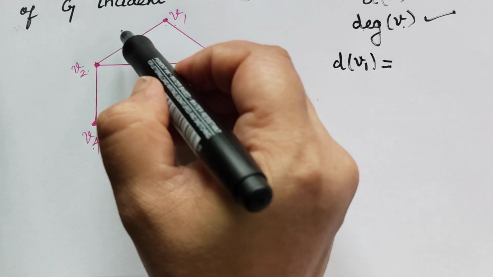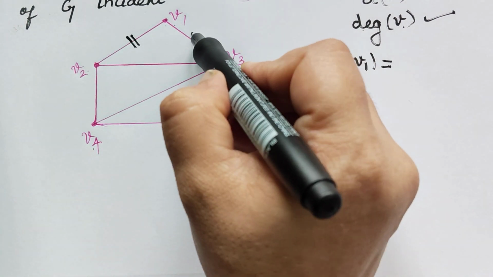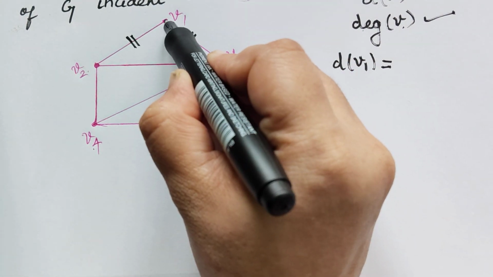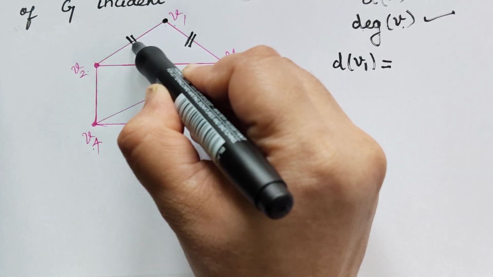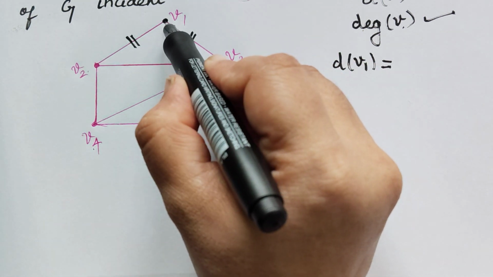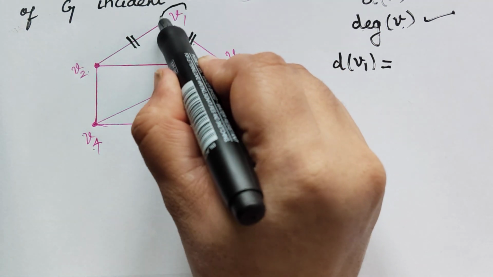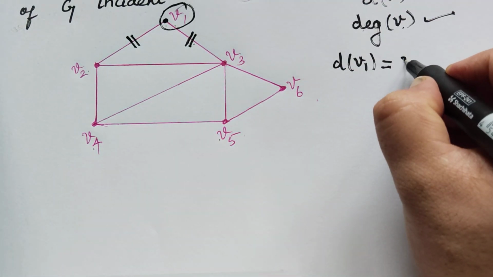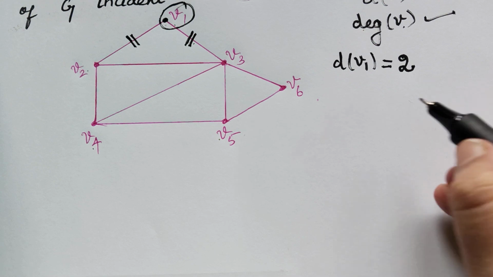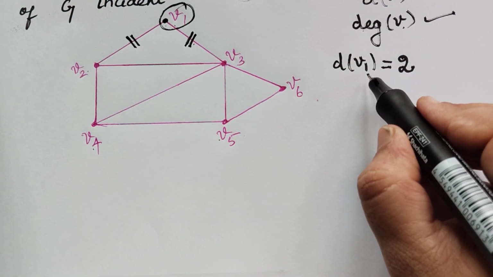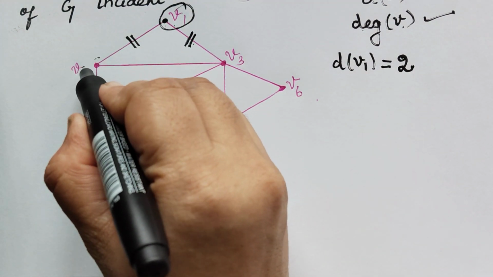Now, if you see, here there is an edge and here there is an edge which are incident to V1. So these two edges are incident with V1, and since there are two edges incident with V1, the degree of V1 is equal to what? It is 2. So this is how we have to find the degree of a vertex. Now what about V2?